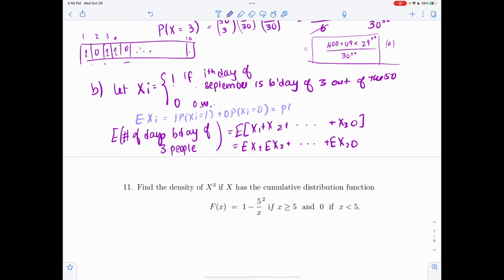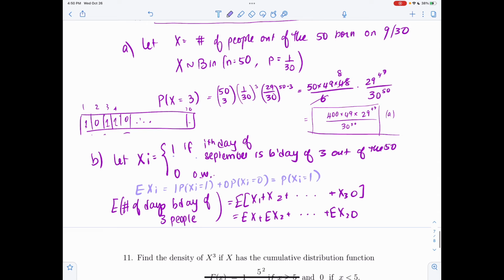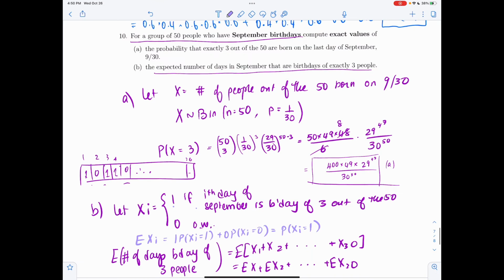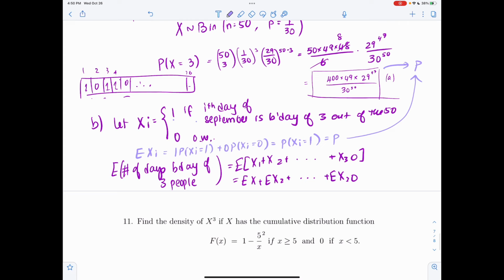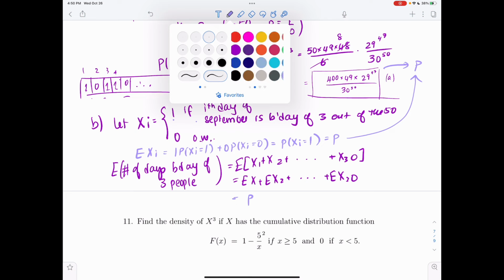So this you can see is just the probability xi is 1, which we know from part 1, for any one day of September, the probability that it's exactly the birthday of 3 people, this September 30th, there was nothing special about that, is this number. Let's call it P. Okay? So what do we have here? This is P. There's a 1 here.